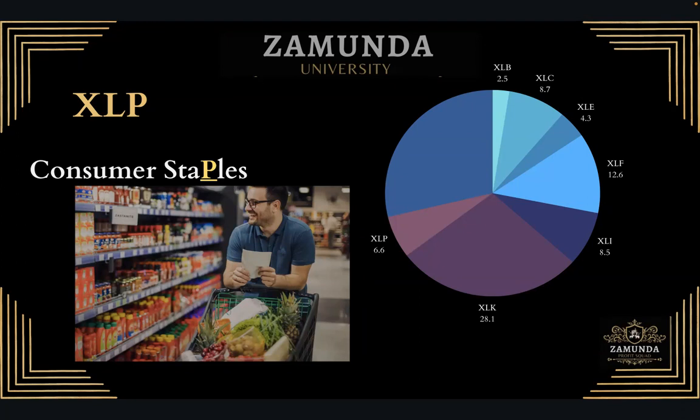These will be your essential goods as far as like PG, Procter and Gamble, Walmart, Costco, things like that. These are your essential goods, the things that you can't go without. You need to brush your teeth, you need groceries, you need toilet paper. That will be XLP. Essentials, consumer staples.